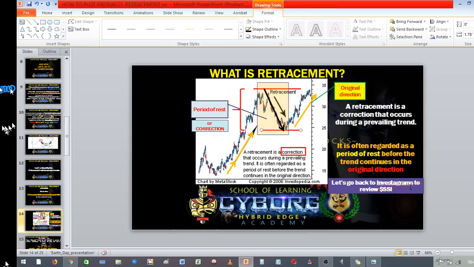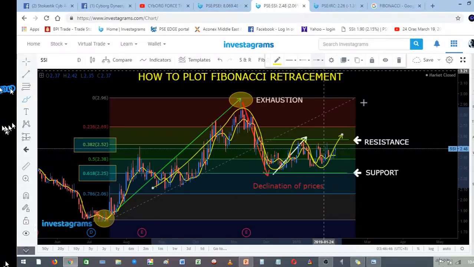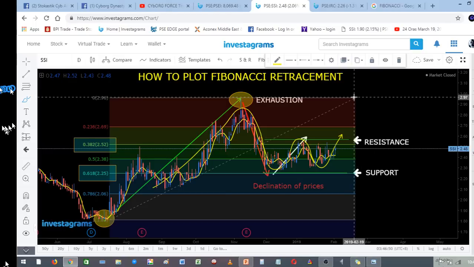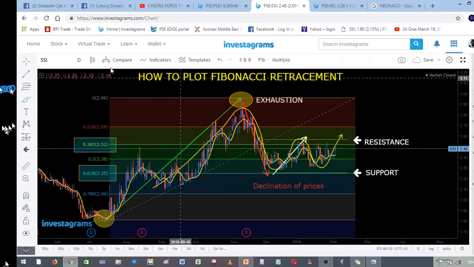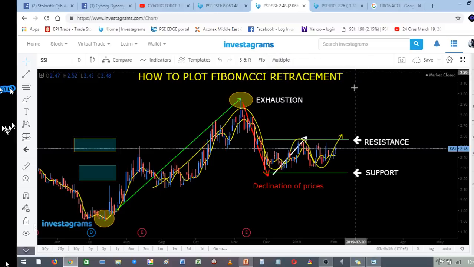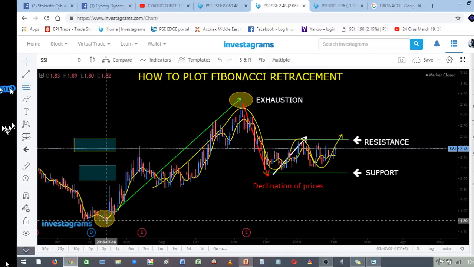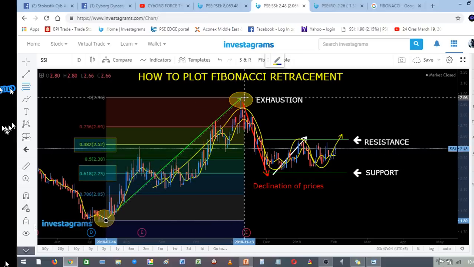So let's go back again to Investogram to review SSI. Let's go back again and plot the Fibonacci retracement. This is the swing low to swing high.